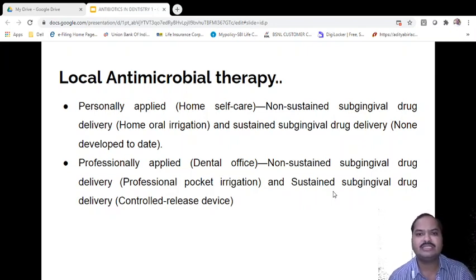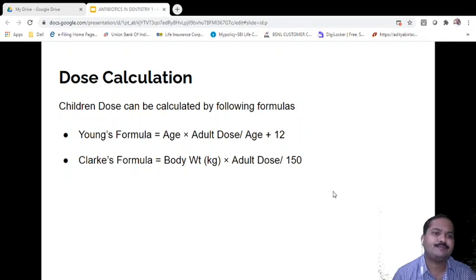The drugs which have been utilized as antimicrobial agents are chlorhexidine, povidone iodines, and the various chloramines, amine fluoride gels. These have been utilized for the various personal and professional therapies.